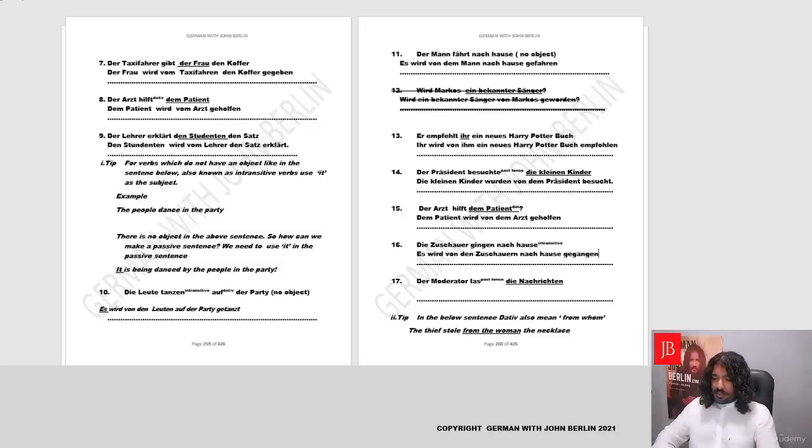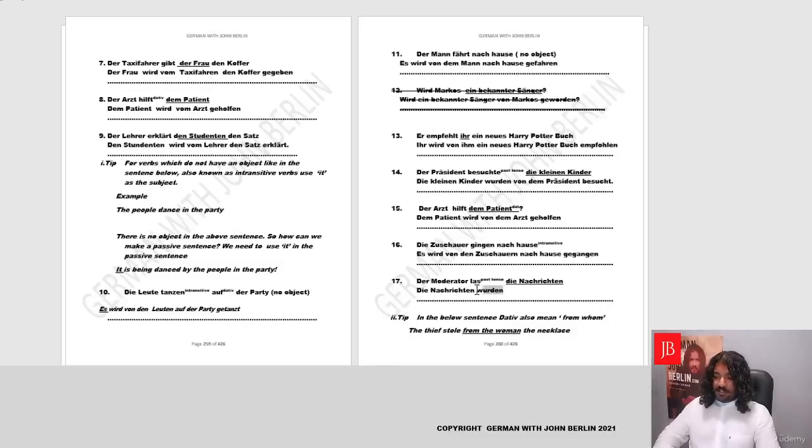So the Moderator las die Nachrichten. The moderator read the news. So basically, let's see it like this. What is being read? Die Nachrichten. That will be changed into the subject. Die Nachrichten. It's plural, so we'll write werden, but the tense is past, so we'll take care of that and write wurden. Ich wurde, du wurdest, er, sie, es wurde, wir wurden, ihr wurdet, sie wurden.